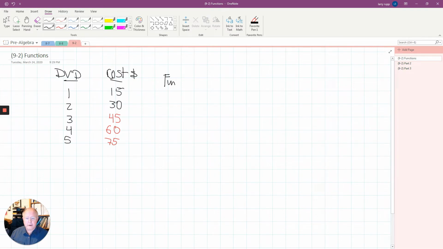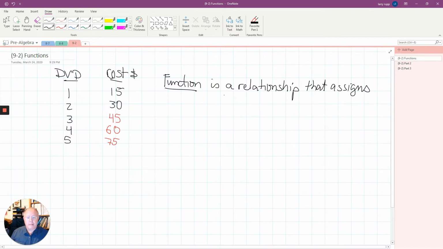A function is a relationship that assigns exactly one output value for each input value.